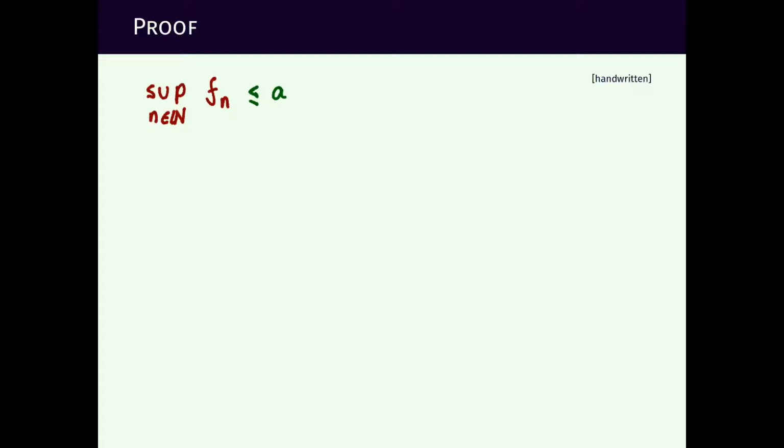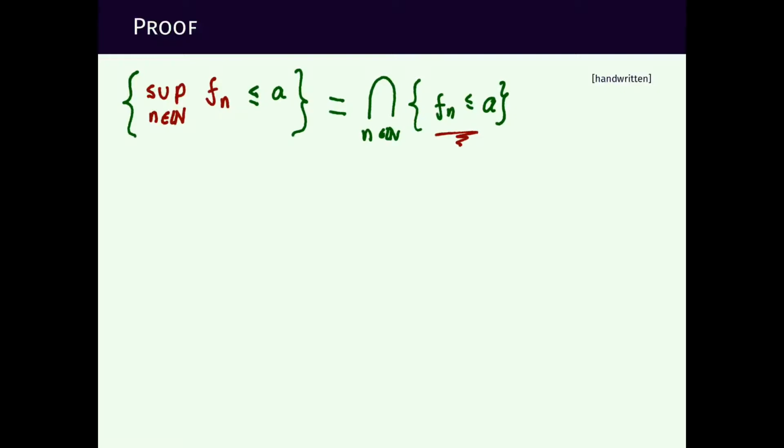And the proof will be very similar to the proof of this previous little lemma we just did. We just have to notice that for the supremum to be less than a, so we are considering now this set, the set of little omega for which the supremum is at most a, this is nothing but the intersection over all natural numbers of the sets where fn is less than a. And we can see this because if fn is less than a for every n, then omega is in this intersection, but in that case the supremum will be less than a.